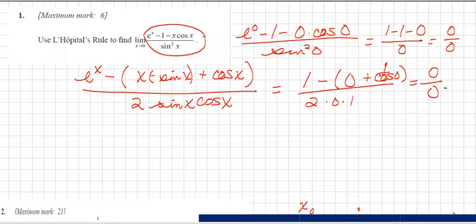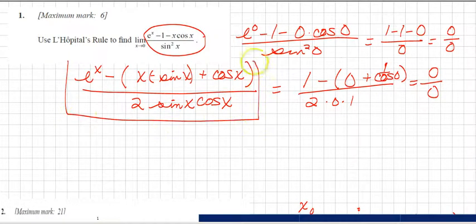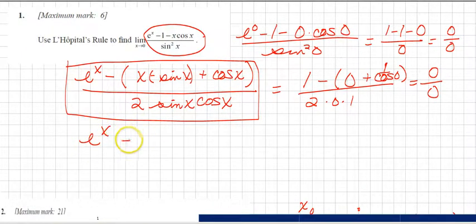So going back to our last result, which I'm boxing, we want to take the derivative of that. So e to the x, the derivative is e to the x, minus quantity product. Well, the product rule goes into effect again.